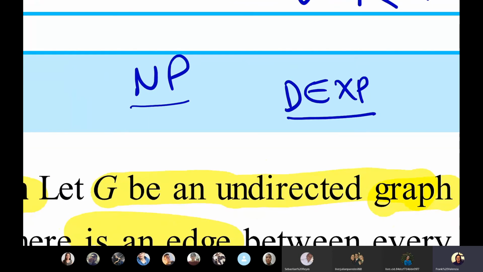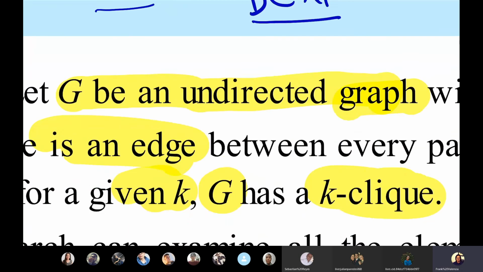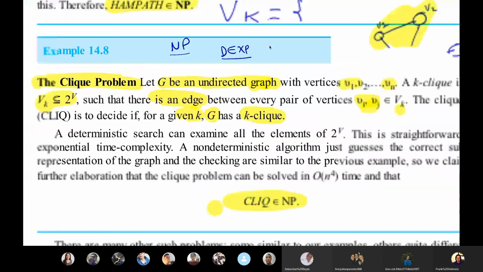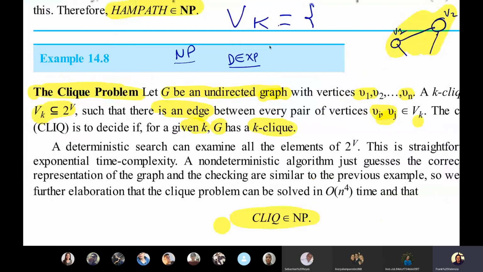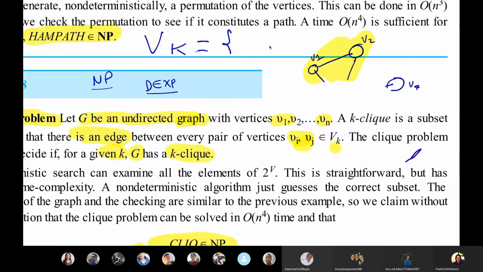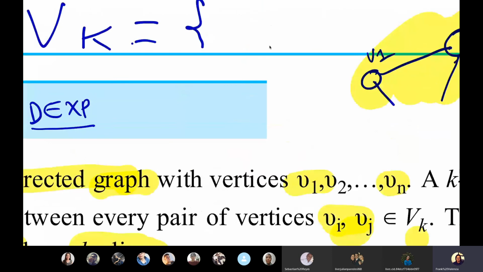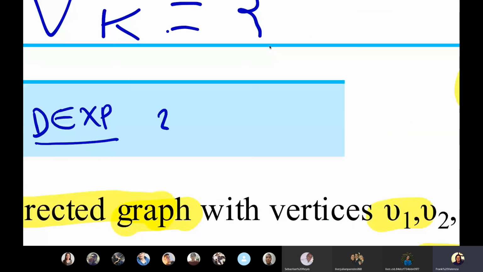Is that clear? Because we have an exponential deterministic algorithm, 2 to the n times n squared.